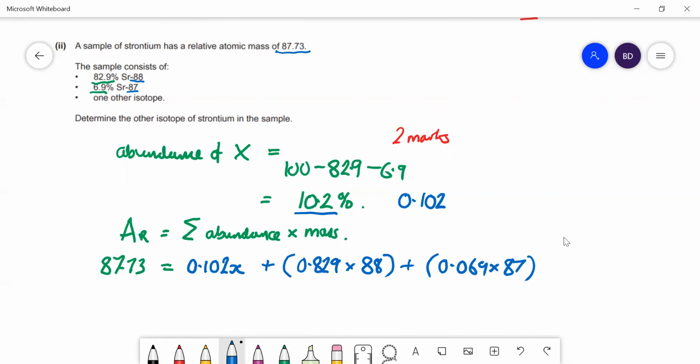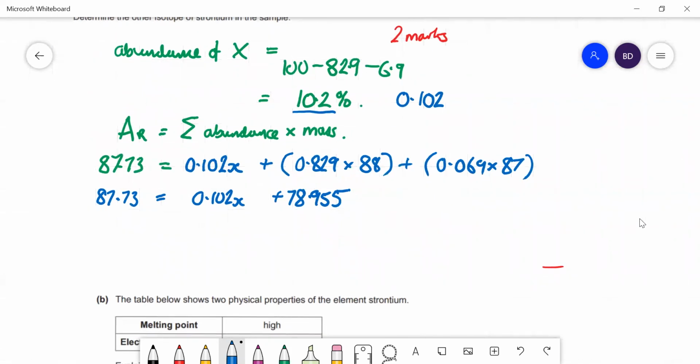Okay, so let's simplify that. We get 87.73 is equal to 0.102x plus 78.955. Simplify that, we end up with 0.102x is equal to 8.755.